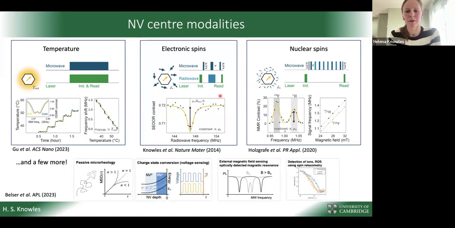So that was 3, and there are many more, but I won't go through them in too much detail, except for passive microrheology. We will come across that again later. NV centers can be used to detect external magnetic fields or voltages by looking at how the charge state changes, so from NV minus to NV plus, NV 0.